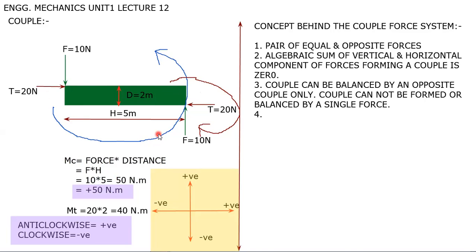It is rotating the shaft in a clockwise manner, so we can take it as negative. Remember this, the sign convention for the couple.